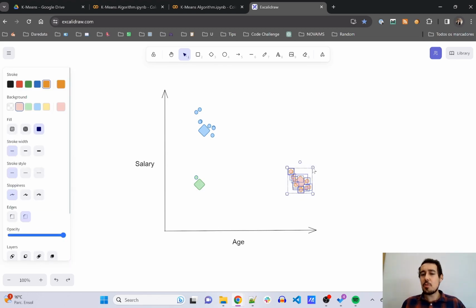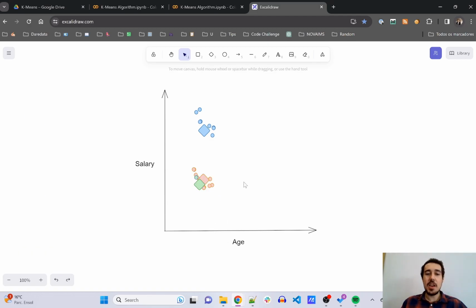You would be crushing everything into a single dimension, because age wouldn't have that much variability, so you would just have variability on the salary. And if you do that, probably these two clusters would be together. That's something you would probably not want. You'd have a certain dimension having a higher impact than the other ones, something that wasn't proportionate, unless you want that, but I don't think that's something you would like in the solution.